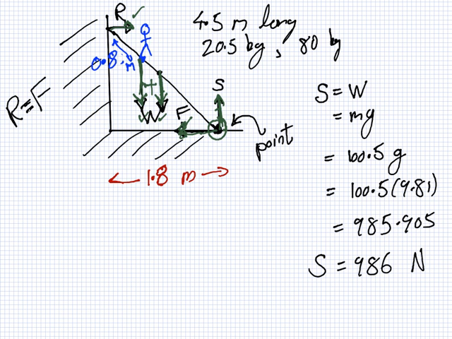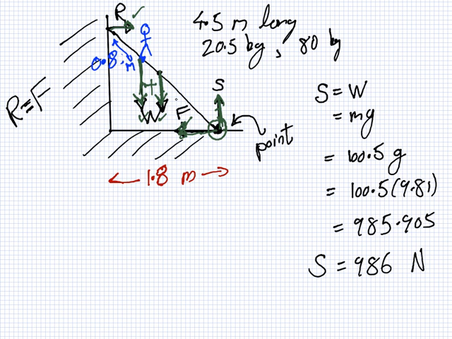This is 4.5. The whole ladder is 4.5, yeah. That's 0.8. No, the distance, if you're taking this to the turning point, is 4.5 minus 0.8.